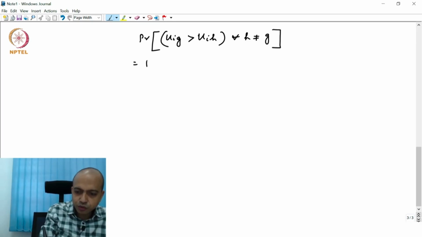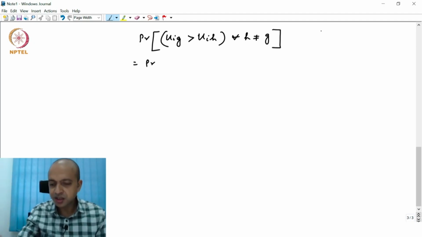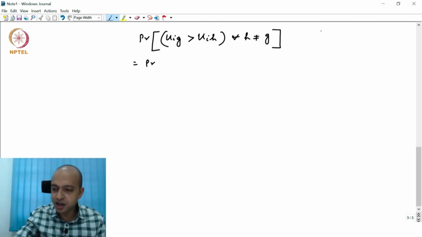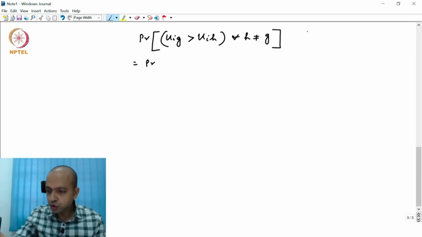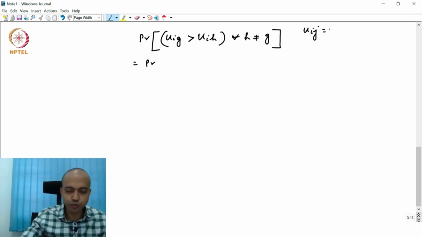This is nothing but probability, and now this utility, this Uij, like what we discussed earlier in the context of contingent valuation method, has basically two components.